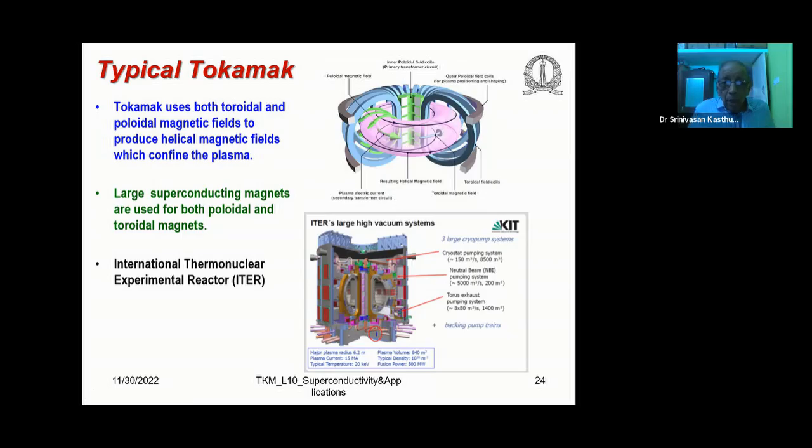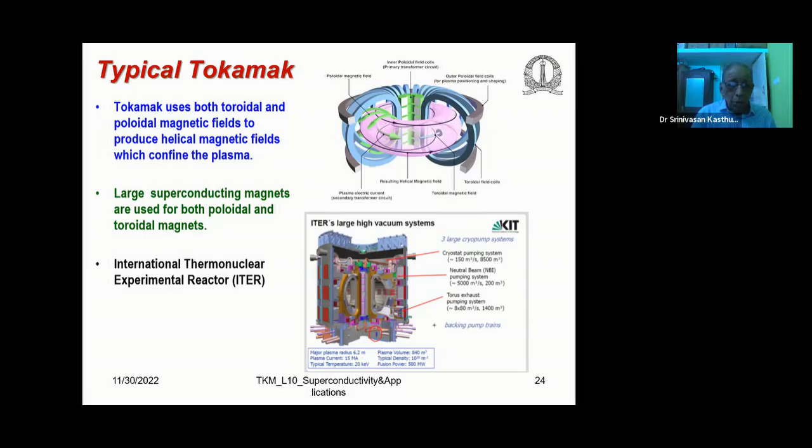So within these toroidal and poloidal magnetic fields, the plasmas will be able to stay under right conditions. So the plasma reactions can go on within this area.